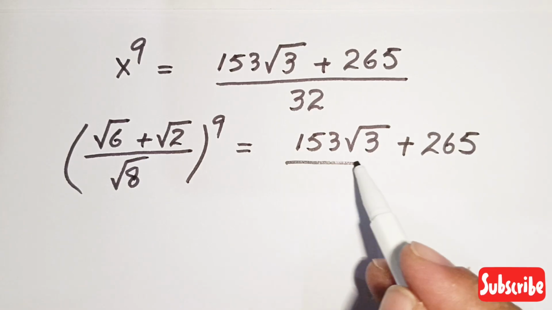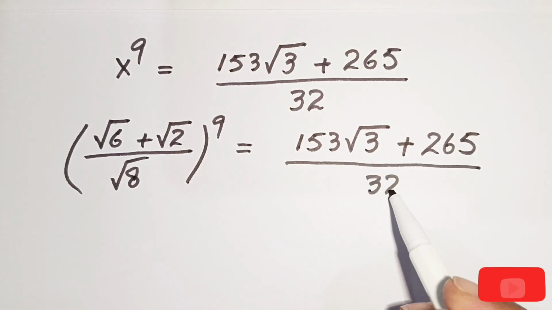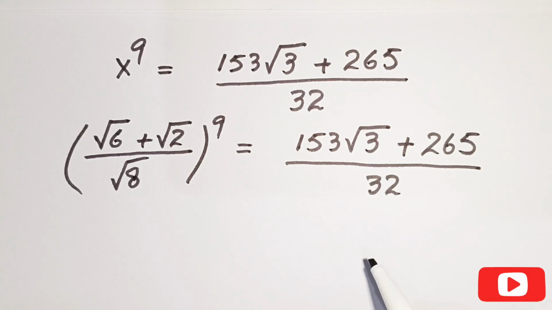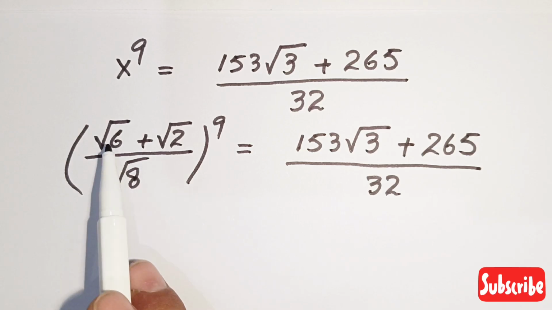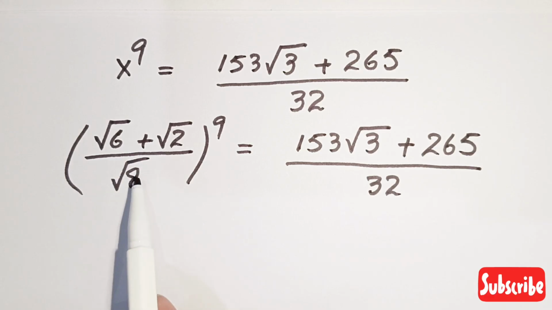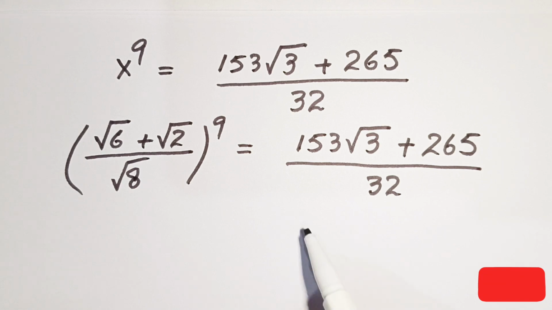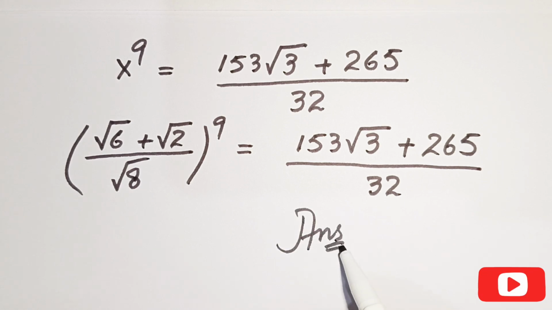So it is our final answer that we have found: the value of (square root of 6 plus square root of 2) all over square root of 8, whole to the power 9. So it is our final answer.